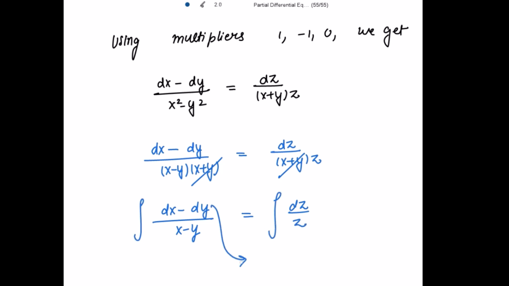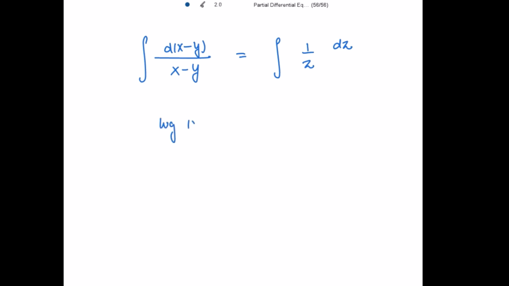The numerator can be written as the derivative of (x minus y). So it is the integration of the derivative of (x minus y) divided by (x minus y) equals the integration of 1 by z dz. So the integration gives log of (x minus y) equals log of z plus the constant log of, let's say, c2.